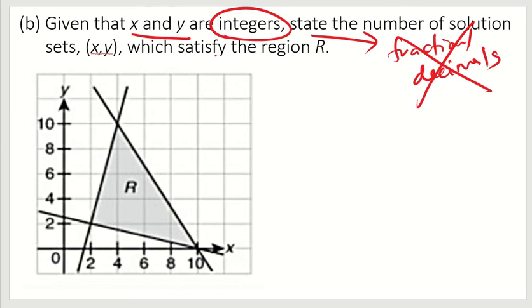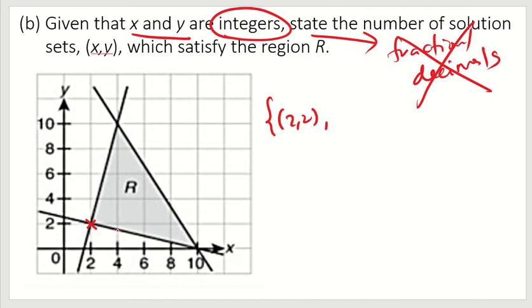So the number of solutions which satisfy the region means all the coordinates inside, the values for x and y. So this one can or not? Yes, this is the first point. So the number of solutions, we list all the coordinates that fulfill the conditions. The first one is 2, 2. Then how about this one? This one can or not?